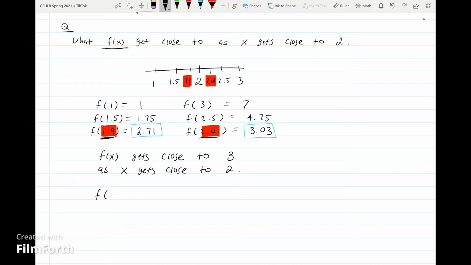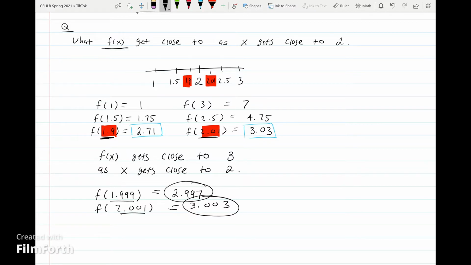So it turns out if you did f of 1.999, this is equal to 2.997. And if you check the other side, f of 2.001, this is equal to 3.003. So as you can see, these numbers are very close to 3, as this number gets closer and closer to 2.